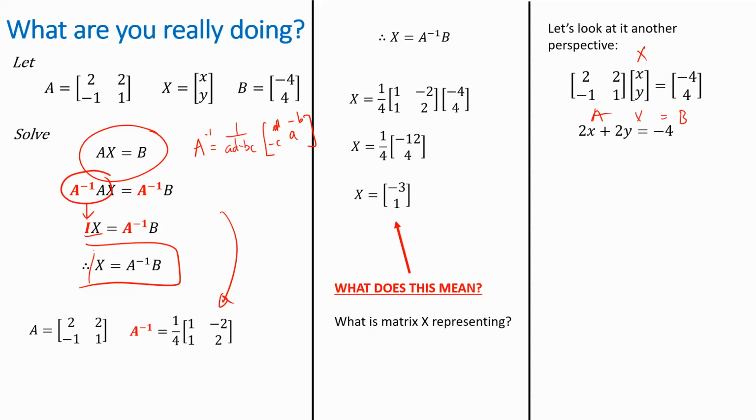You're actually writing 2 times the X, 2X, plus 2 times the y is equal to negative 4. You're getting a linear equation for the first row. The second one, negative 1 times x plus 1 times y equals 4. You get another linear equation.